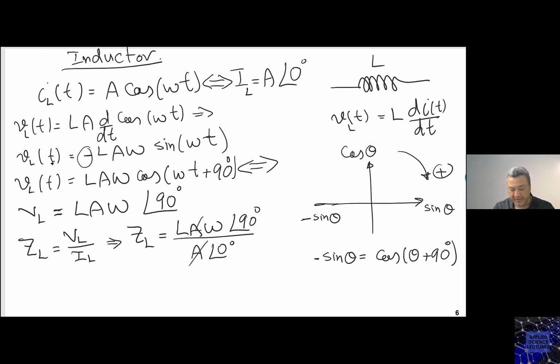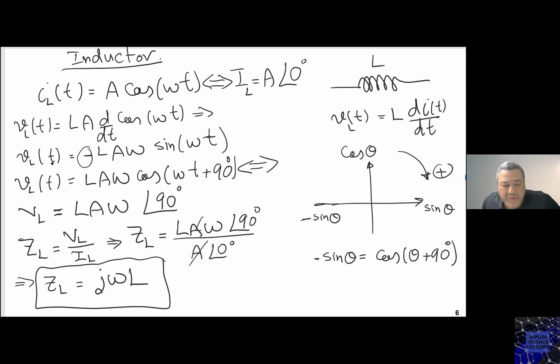Then A cancels with A, and I can say that ZL is j omega L, the famous impedance representation. Or you can say that it's a pure reactance, only imaginary, omega L.